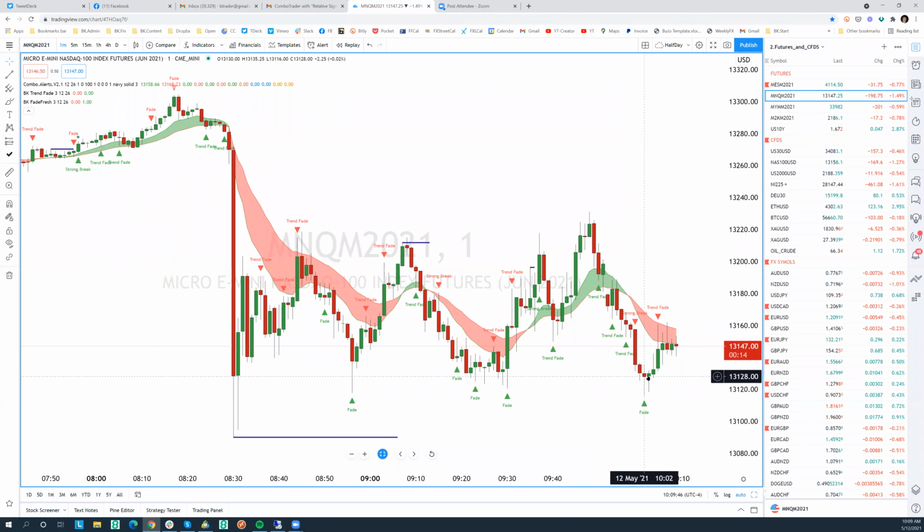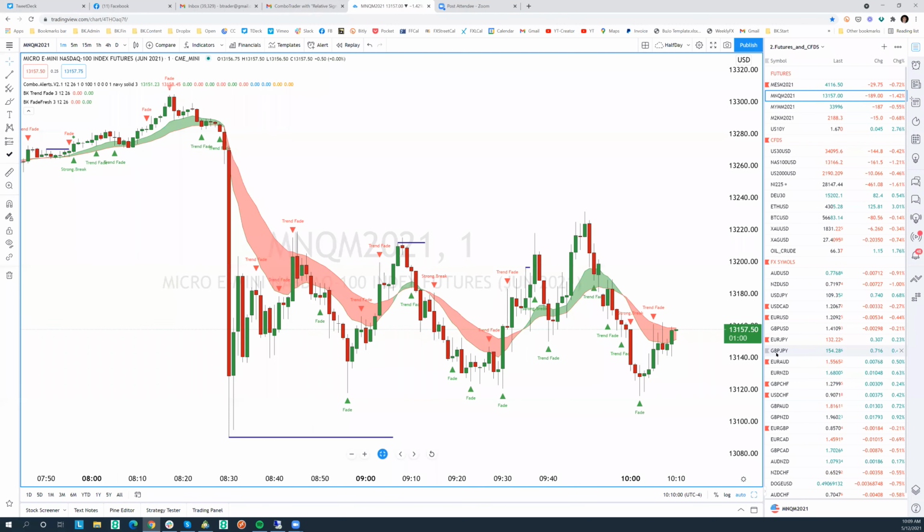So this was the fade move that we had here that tapped me out a little bit. This is the trend fade move that worked for us. And now we're very quiet, turning around, trying to base. What I love about this 3 indicator structure is you can see how one flows into the other and then into the combo.